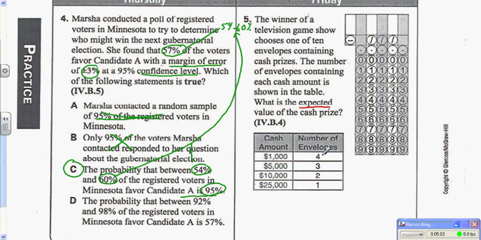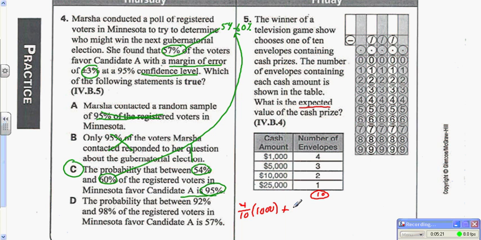So there are 4, 5, 6, 7, 8, 9, 10 envelopes. We have 4 out of 10 will win the 1,000.